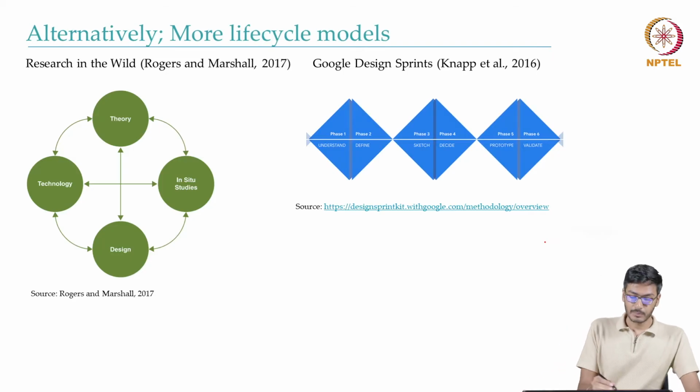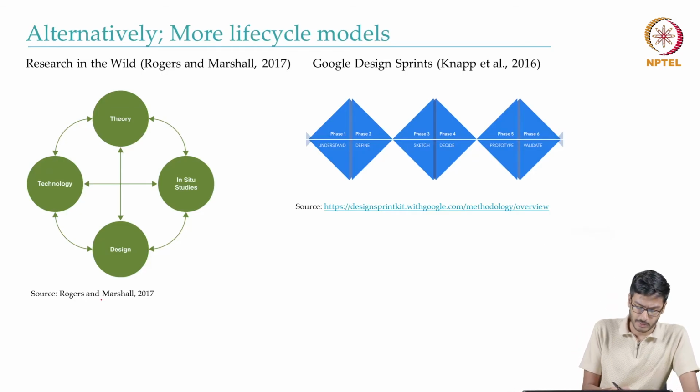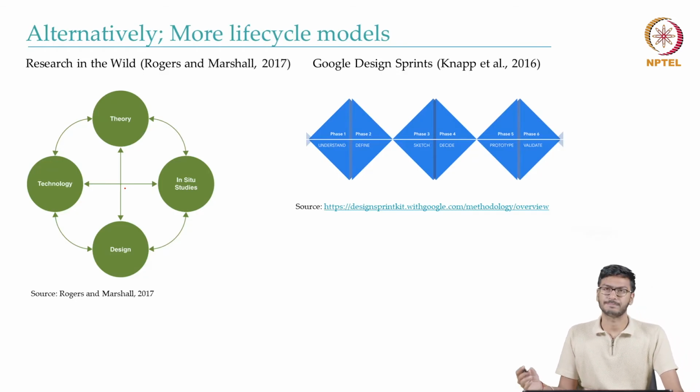Well, some more researchers have made some more models for the same. The first one by Rogers and Marshall. We can basically start from anywhere in this model and we will end up with a great solution. But mostly it is like we identify a problem, we then brainstorm on the ideas, and then we create the potential solutions, and then improvise on this using our feedback.